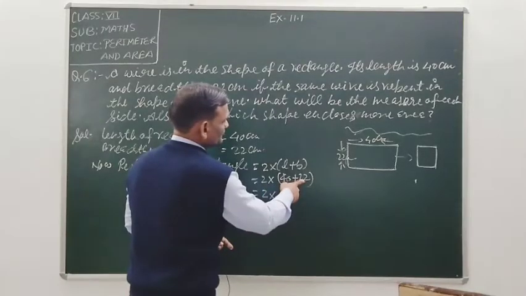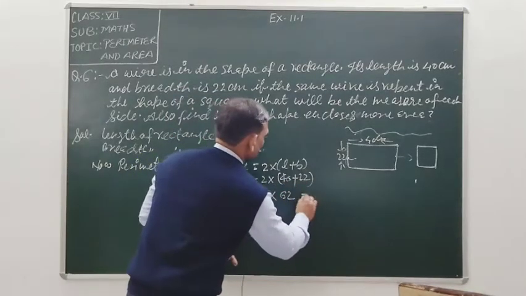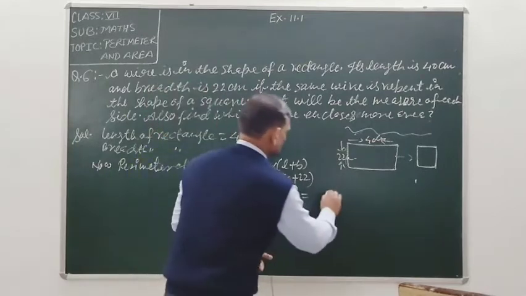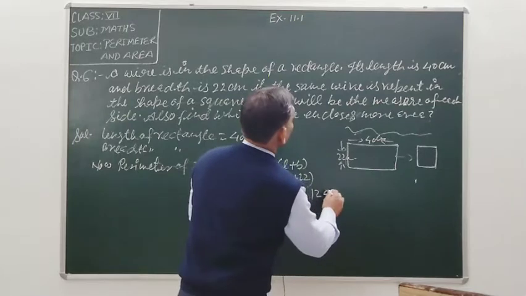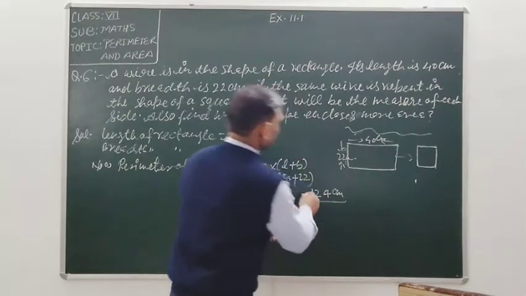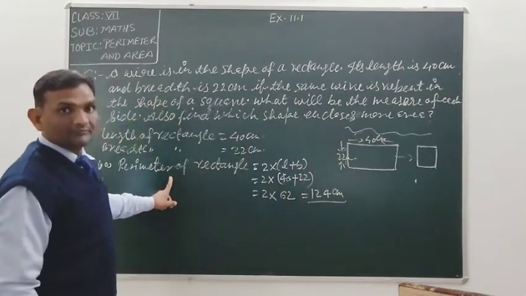Perimeter of rectangle is 2 into length plus breadth. So you know, 2 into length is given, student, 40 centimeter plus breadth is given 22 centimeter. So 2 into 40 plus 22 is equal to 62. And when you multiply, 2 2s are 4 and 2 6s are 12. 124 centimeter. This is the perimeter of the rectangle.